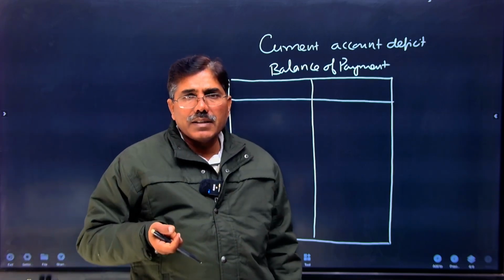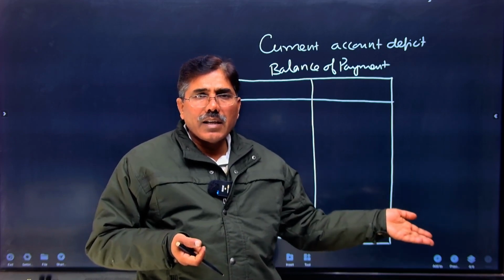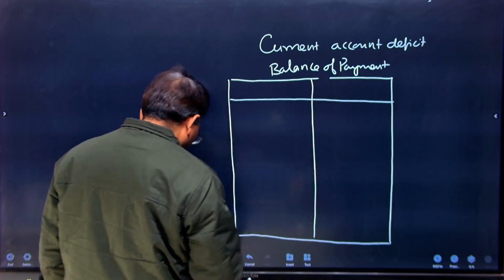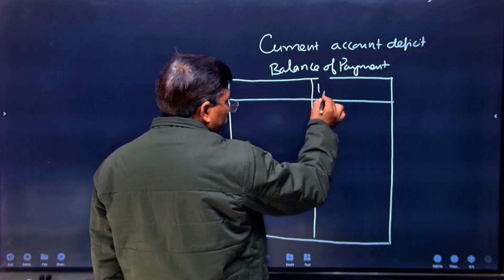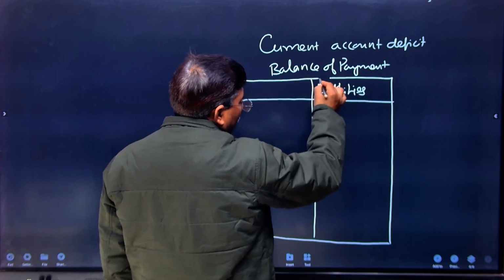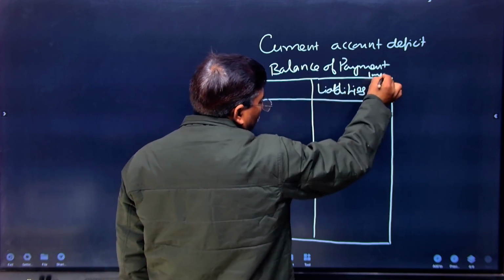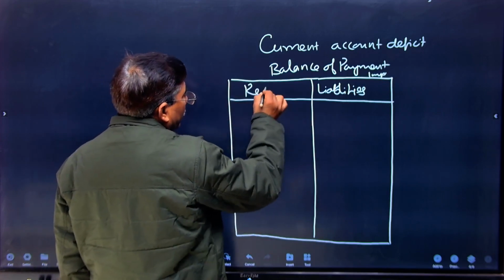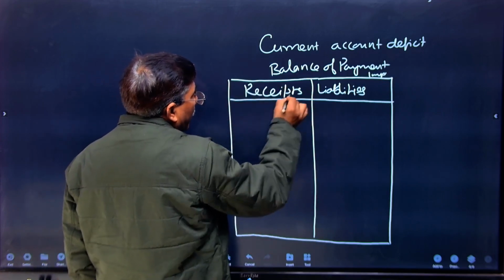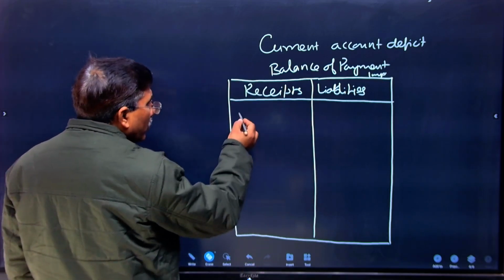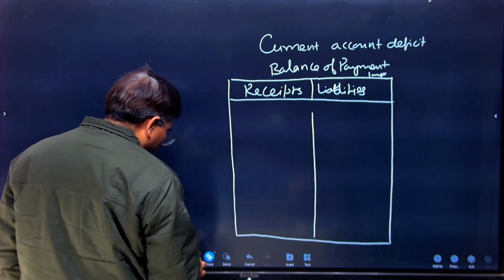These are our receipts and these are our liabilities, meaning our imports. First is our current account, as I discussed with you.